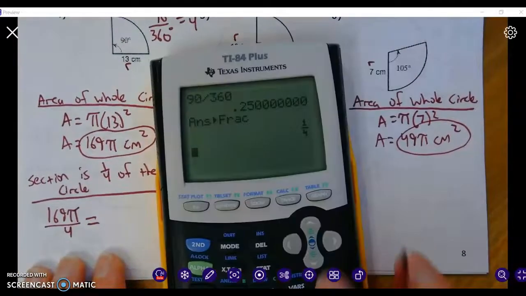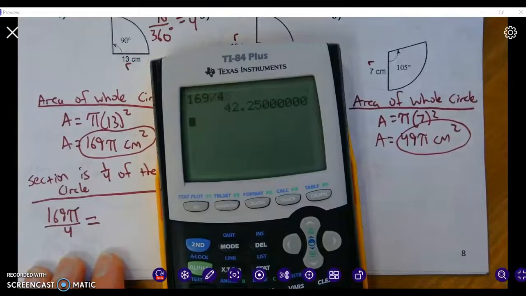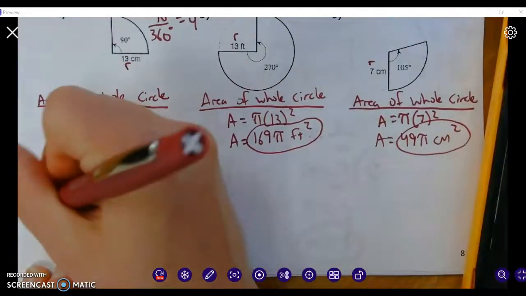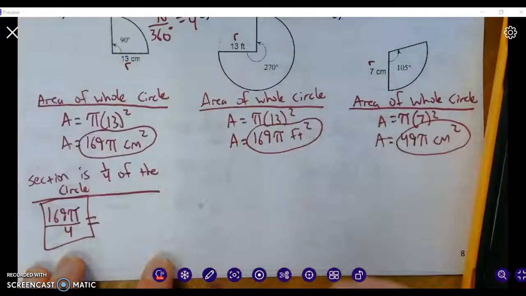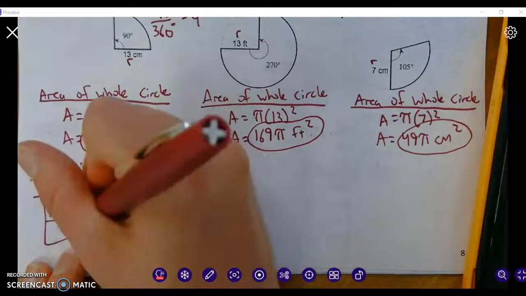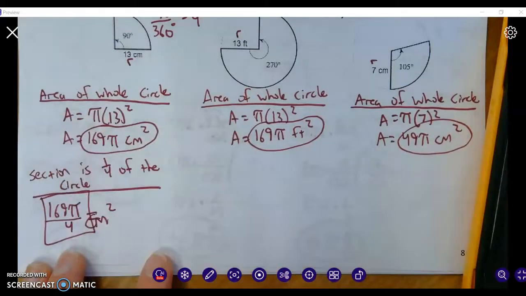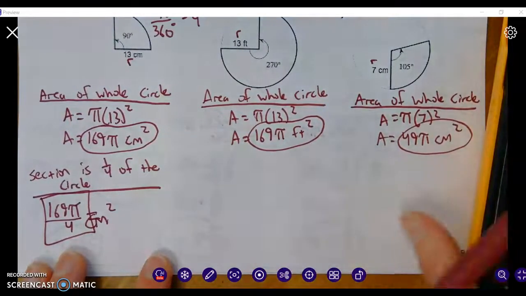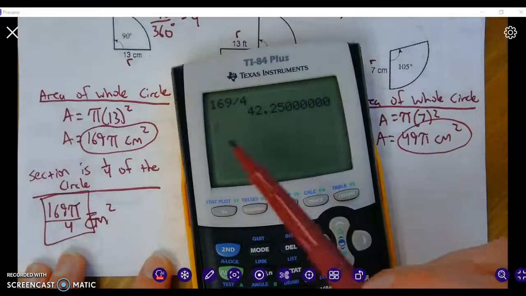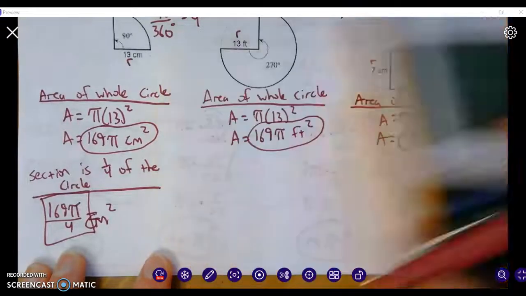Okay, so let's see if that gives us a whole number. Okay, and that does not give us a whole number, so we're just going to leave our answer like that. Okay, so 169 pi divided by 4 centimeters squared. Okay, but if we got a whole number after typing that in, then we would reduce it, but since it was a decimal, we're just going to leave it like that.